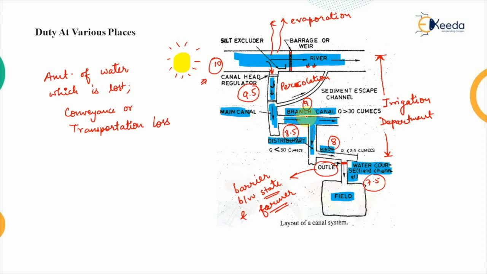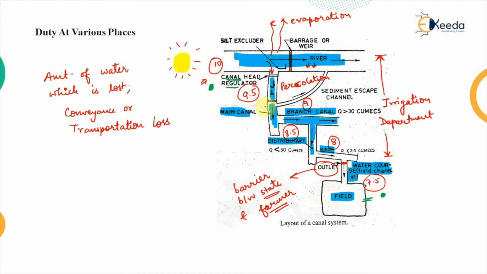So as we move ahead in this irrigation system, in the canal system, from the head of the main canal to the water course, the length is increasing. That means if we are measuring the water directly at this point, then the difference between the water present at the canal head regulator and the field is the highest, and that difference is 2.5.